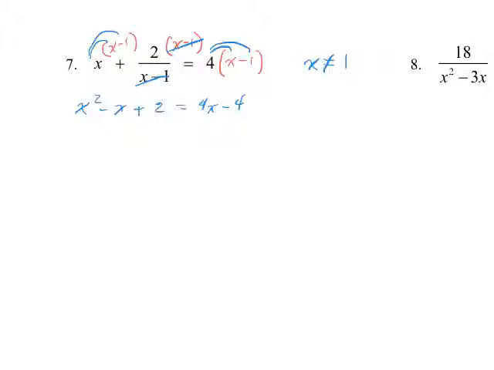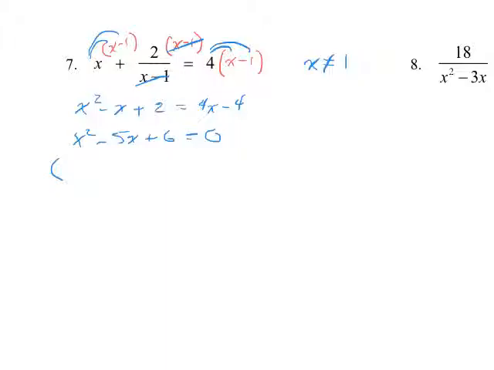Now we have a quadratic equation, similar to the two warm-up questions, except that we have terms on both sides of the equation. So as you'll recall, for solving quadratic equations, we want to collect all the terms to one side. So I'll have an x squared minus a 5x when I subtract 4x on both sides, plus a 6 when I add 4 to both sides.